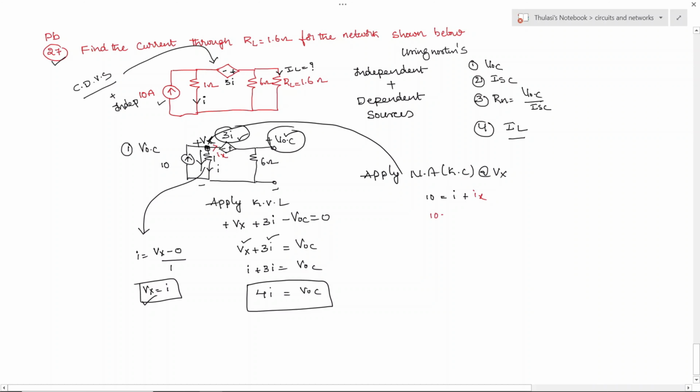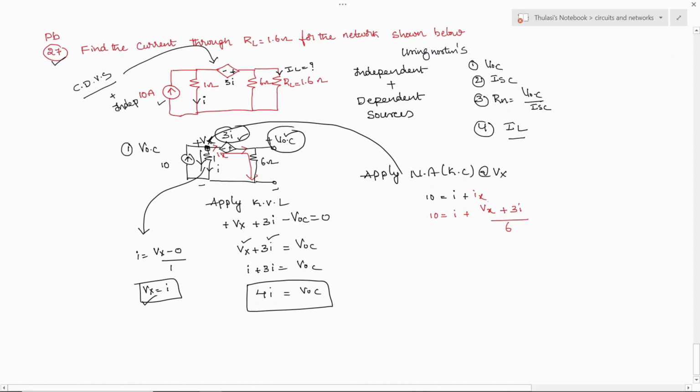Therefore 10 is equal to I plus Ix. So how to write down this current is also very important. So I and Ix, how to write down the current in this branch? Okay, so this Ix I can write down as Vx plus 3i by 6.